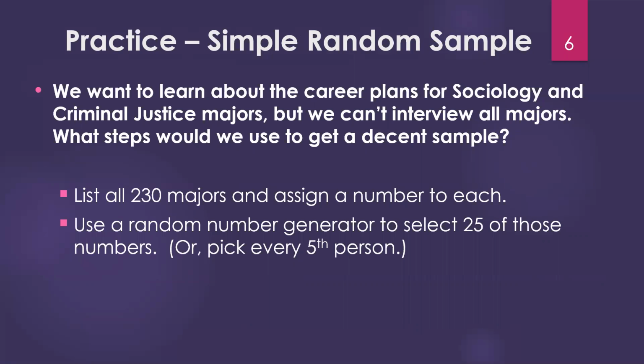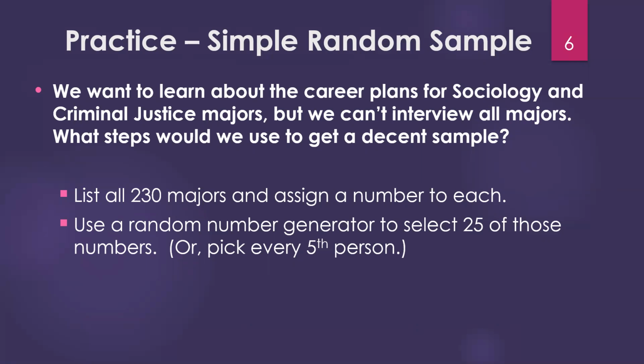We use a random number generator 25 different times so that it spits out 25 numbers between 1 and 230, and then anyone with that number is selected for an interview. Alternatively, we could say we're going to pick just every 5th person. So the person who is assigned number 5 gets picked, the person who's assigned number 10 gets picked, 15 gets picked, etc.